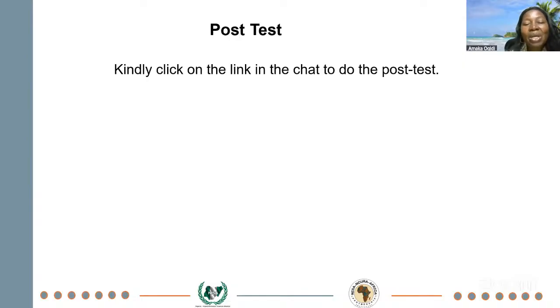And then it will help you also in the next phase: if there is something you've not understood very well, or you want more highlights, we can do that. So please take just 2 minutes. You may not even exhaust 2 minutes. Click on the post-test link and please give it a try.